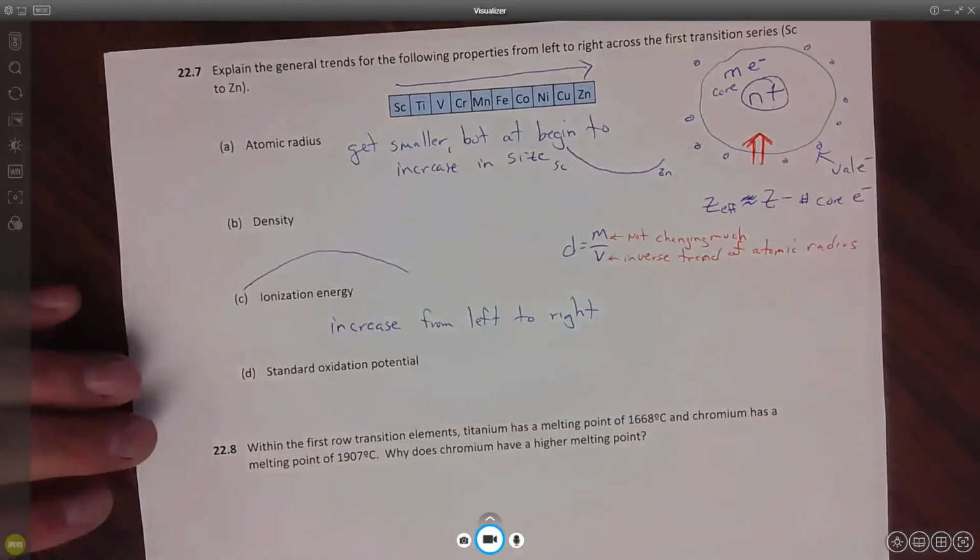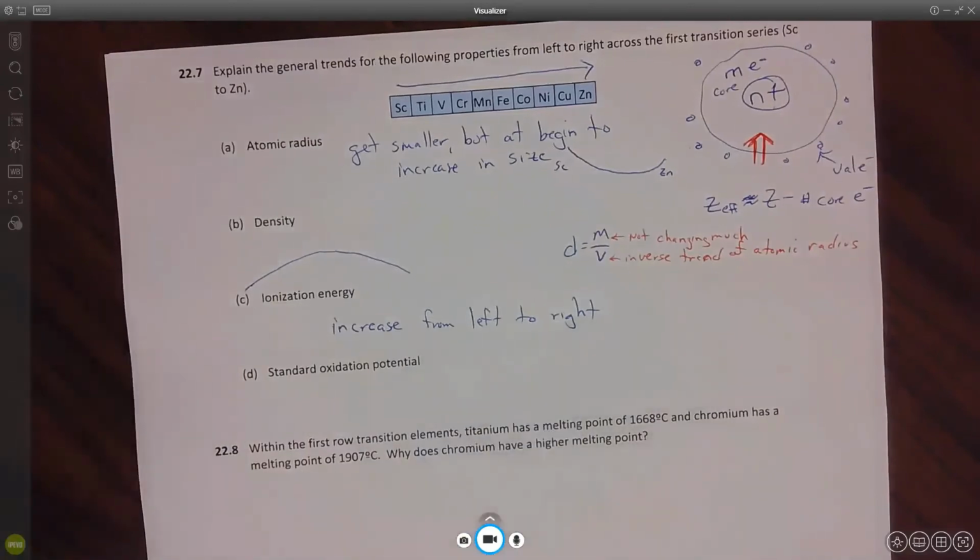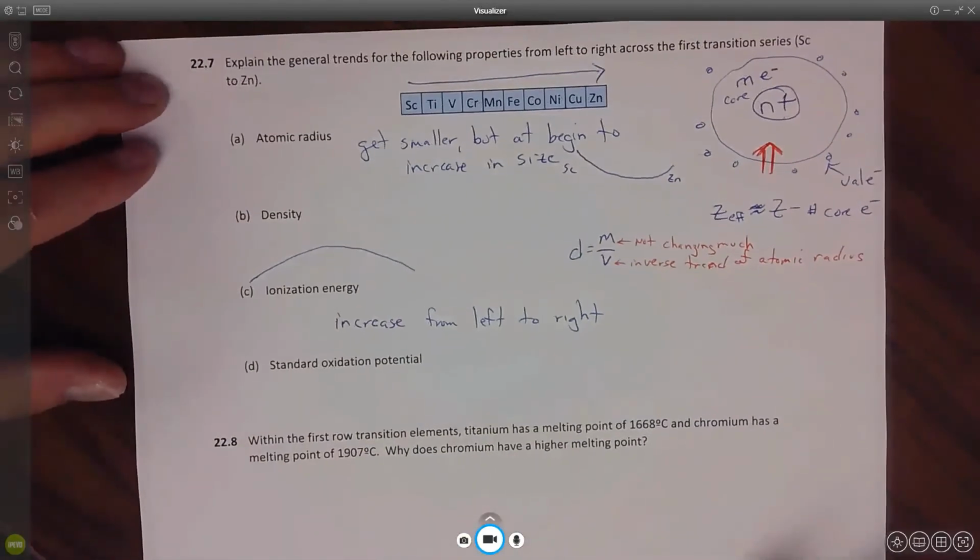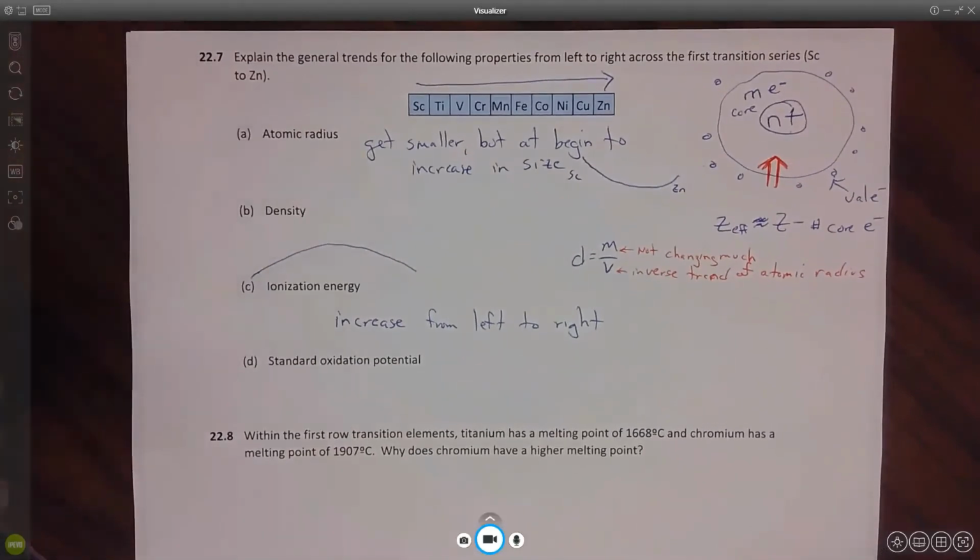Okay. Why is that? Why do they increase from left to right? Because the electrons are more drawn to the nucleus.